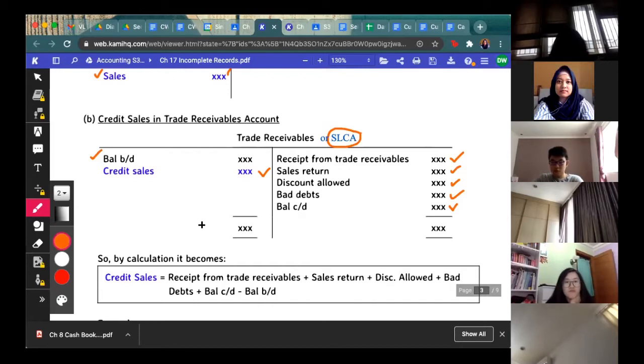If the business has operated for some years, it will have a balance BD. So by calculation, it's going to look like this: receipts from trade receivables plus sales return plus discount allowed plus bad debts plus balance CD, and minus balance BD.